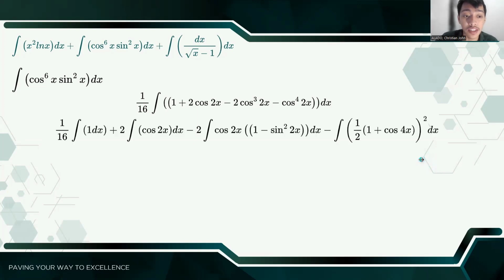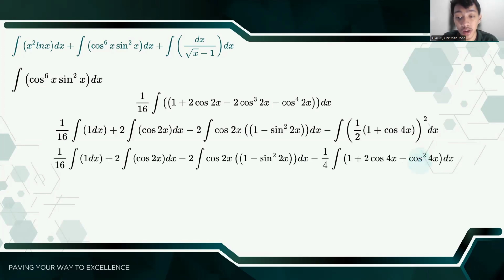which now gives us 1 over 16 integral of 1 dx plus 2 cos 2x dx minus 2 integral cos 2x times 1 minus sine squared 2x dx minus integral of 1/2 times 1 plus cos 4x squared dx. Now, let us expand our last term, which gives us 1 plus 2 cos 4x plus cos squared 4x dx.